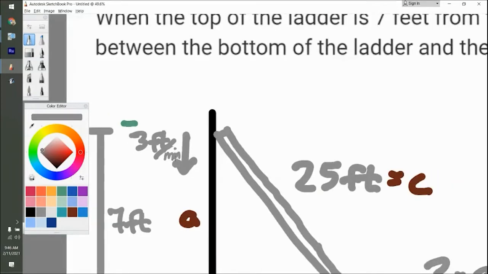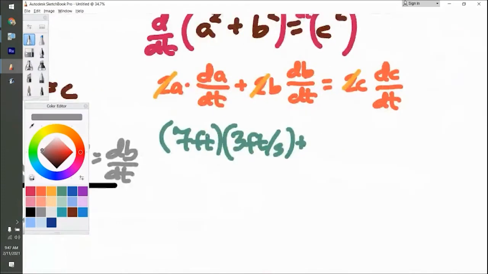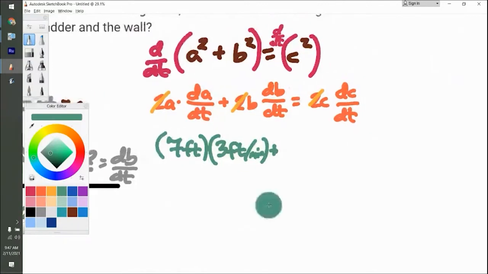Feet per minute. Shouldn't have put the units in there to begin with. Okay, feet per minute. Okay, and it is negative. Thank you, Hunter. Okay, and that is important. You definitely have to have that in there.